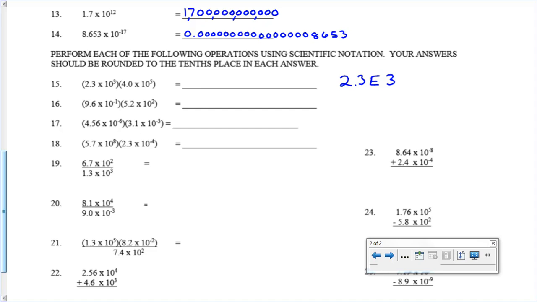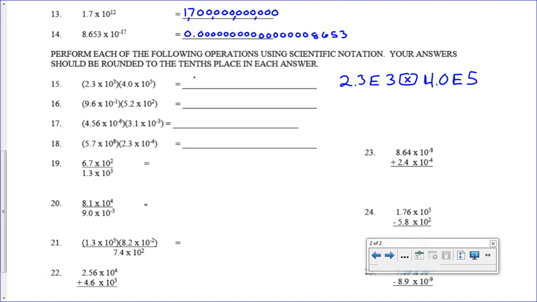All right, so we start with 2.3 E3, and we're going to multiply it times, so you hit the times button in your calculator. All right, and we're going to multiply that by 4.0 E5. All right, and then you'd hit equals. And my calculator spits out something really big.